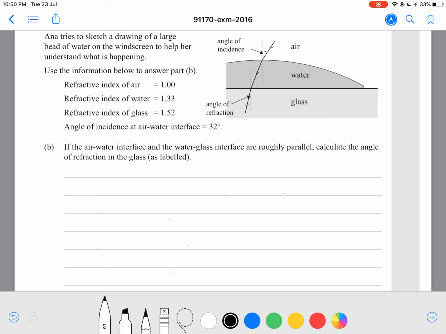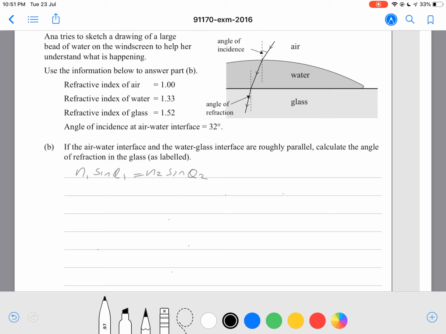First, we need to calculate the angle of refraction at the air-water interface, and then we can use that angle to find the angle of refraction at the water-glass interface. We're going to be using Snell's law: n1 sine theta 1 equals n2 sine theta 2. So we start off in the air.